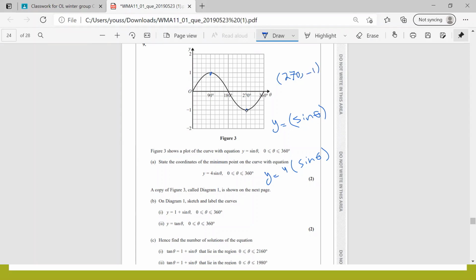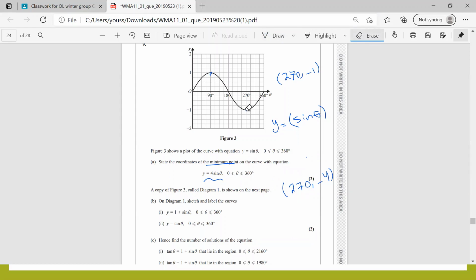But now it has been stretched vertically, and as we know, when stretching vertically we multiply all y coordinates by 4. So I take the minimum point and multiply only the y coordinate by 4. It will be 270, and -1 multiplied by 4 is -4. So the minimum point for this new graph will be 270 and -4.